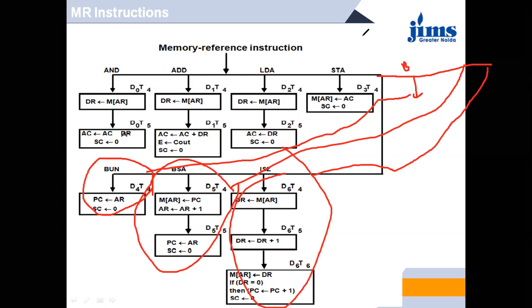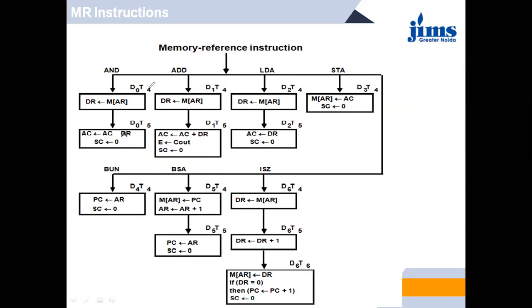We discussed this earlier also, that based on D0, D1, D2, D3 till D7, that is D4, D5 and D6, we have to select different operations.